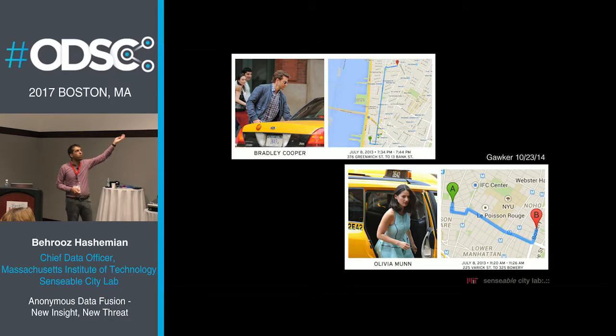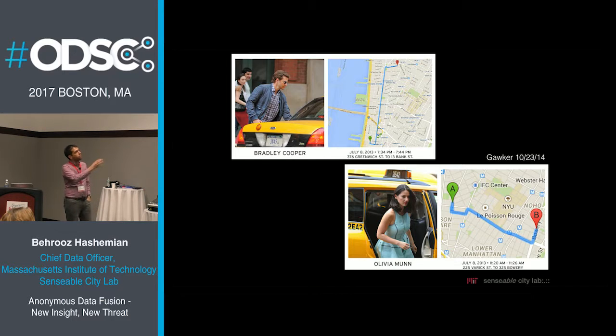And it's only Bradley Cooper. You can find the trajectory and the drop-off location. Because it's a very exact location and exact time, you can also find out the pickup location and other information, sometimes like how much they paid, how much tip they gave.